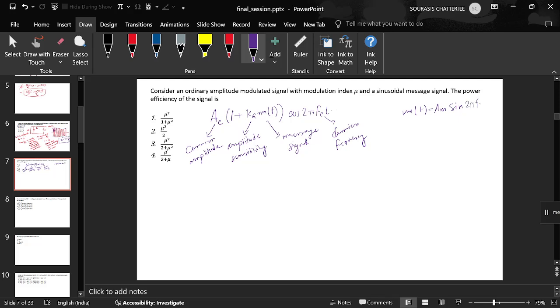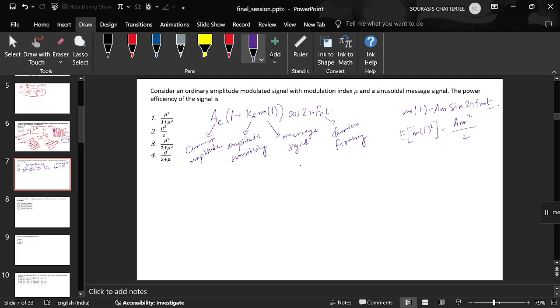So if I consider the power of the message signal only, it's going to be Am squared divided by 2. That you can compute by squaring this term and integrating over one fundamental period of the sin 2 pi fm t, that is, multiplying by 1 over Tm, and we'll get Am squared over 2.